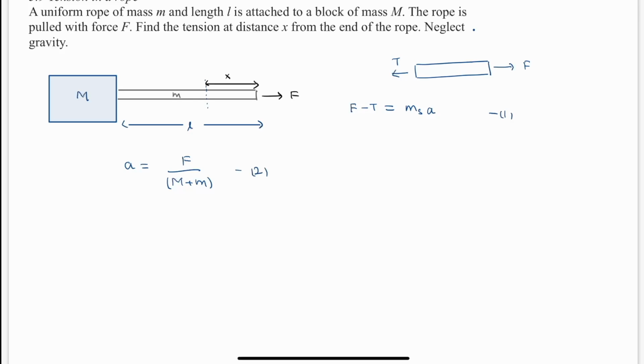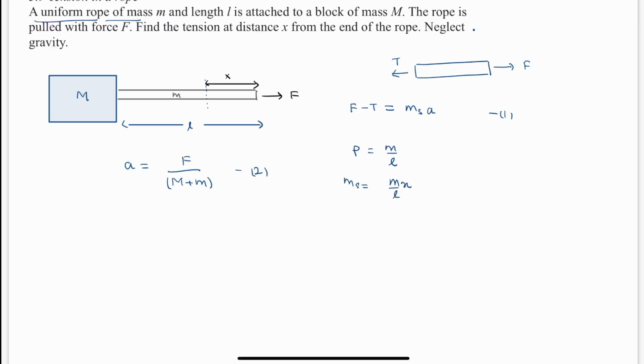Now the other thing I need to determine is ms. It's given that the rope is of uniform mass m, so the density is constant, that is m by L. So the mass ms would be simply m by L times x.